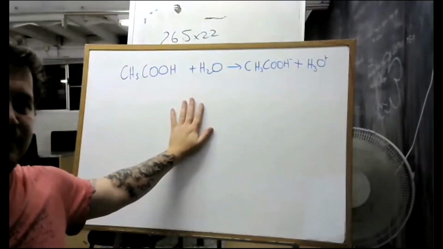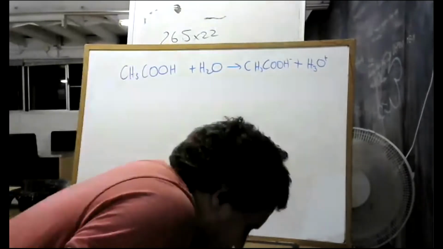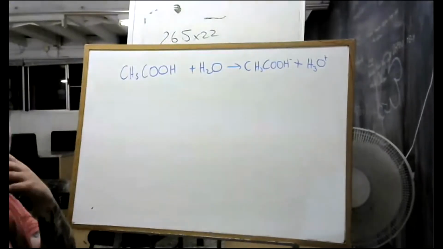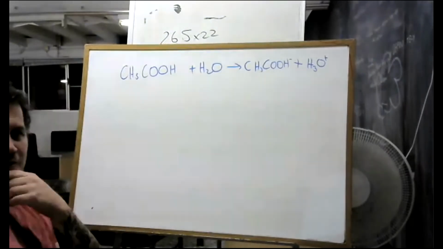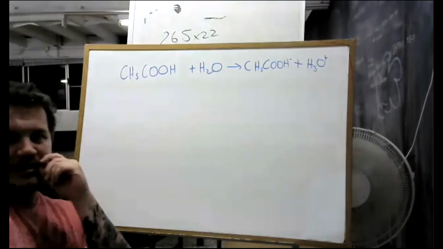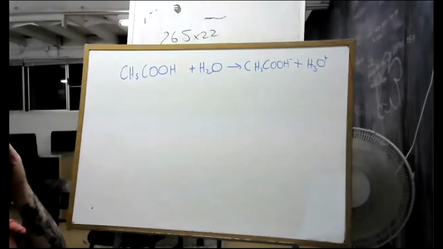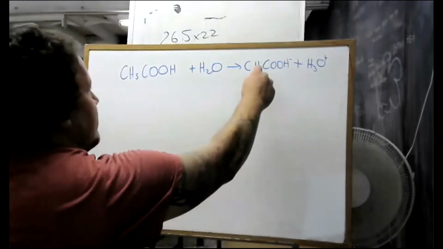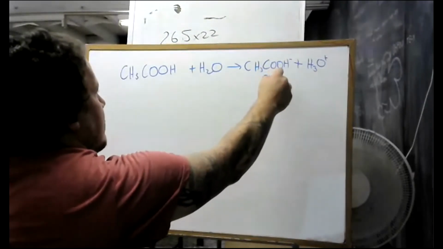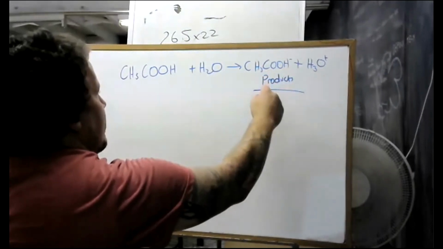Please don't overthink it. So it's asking us for the acid dissociation expression for the dissociation of ethanoic acid and water. If we remember to think about this like an equilibrium expression, we have our products over reactants.